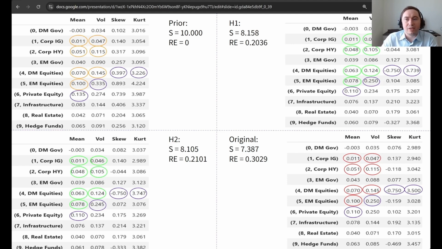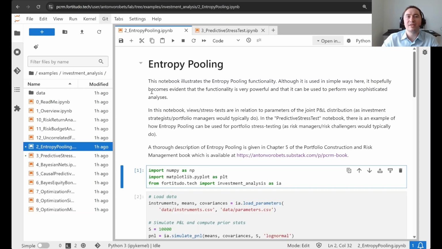Also for corporate investment grade and high yield, we have updates of the means and volatilities before we implement the correlation view. Okay, so let's now go into the code and look how these computations have actually been performed. So these examples belong to the investment analysis module, and it's example 2 and 3 that we'll be going through today.